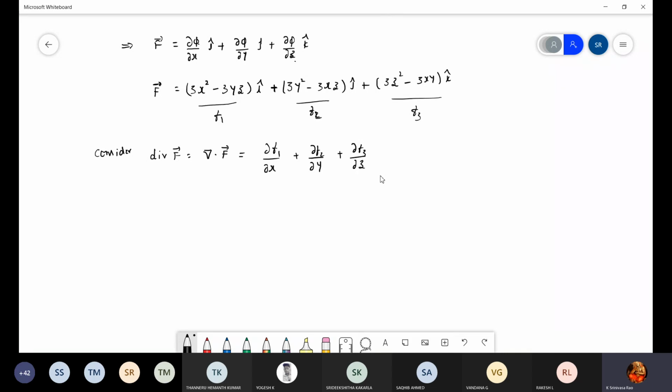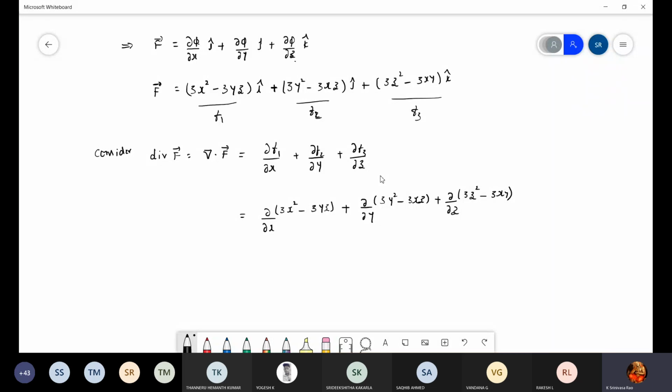This is a dot product. So that is equal to dou by dou x of f1, I will substitute 3x square minus 3yz, plus dou by dou y of f2, 3y square minus 3xz, plus dou by dou z of f3, 3z square minus 3xy.